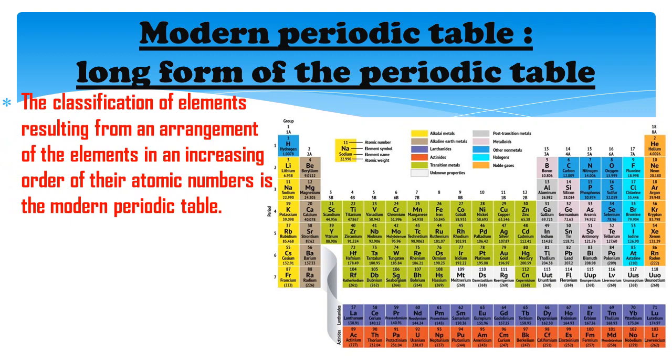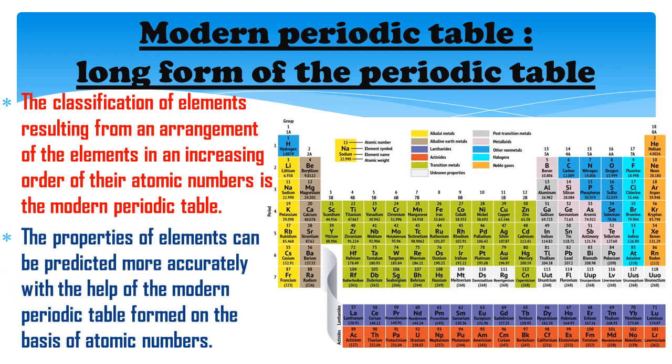You can observe here the structure of the modern periodic table, in which a total of 118 elements are arranged according to the increasing order of their atomic number, that is, the increasing number of protons inside the nucleus of a particular element.